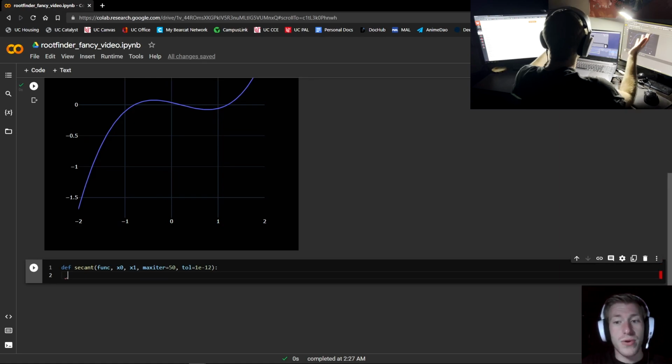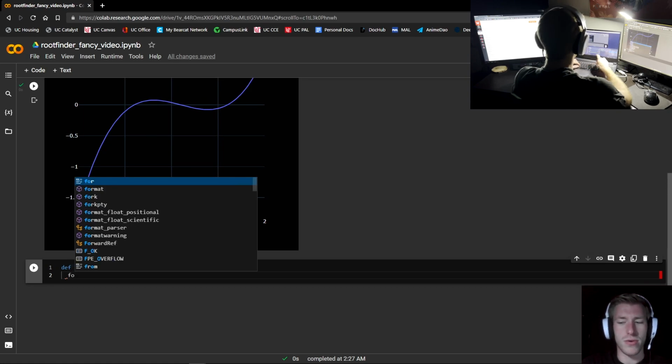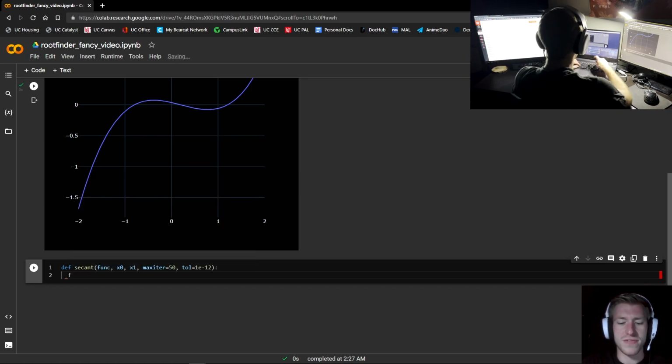So what is this function actually going to do? How are we going to solve that? Well, first we have to figure out the values, both x and y coordinates, of our 2 starting points. So we're going to say f0 is going to be equal to func of x0. And because I'm going to do it on the same line, f1 is going to be equal to func of x1.